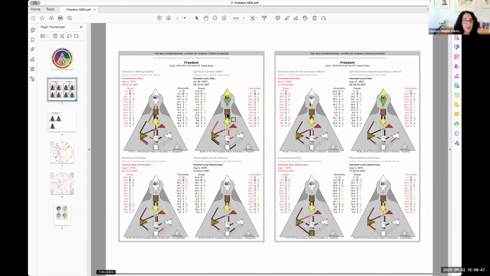And so I use the vertical to show where energies impacted early development. And when I ran the calculations, I knew that this lunar calculation was the spiritual a week before birth and also REM. But it didn't give me the sleep design of a mammal.